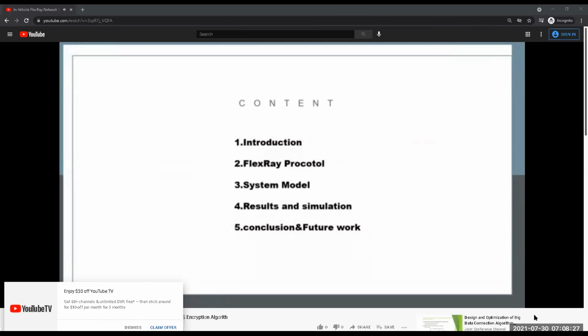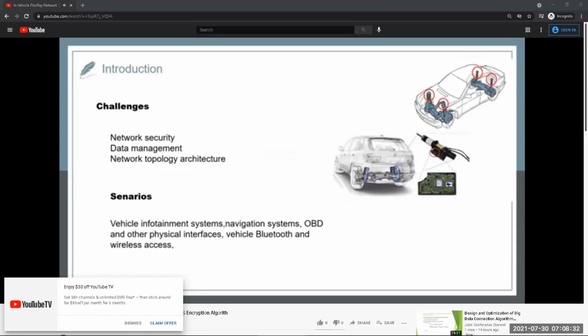The presentation is divided into main subparts. The first part is the introduction. For a long time, in order to ensure the network security of the vehicle bus network, automobile manufacturers have unified the use of LIN, CAN, and FlexRay buses to independently build the vehicle bus network.